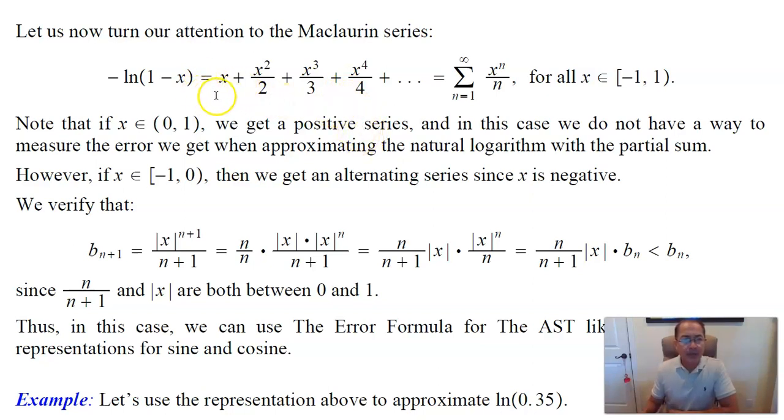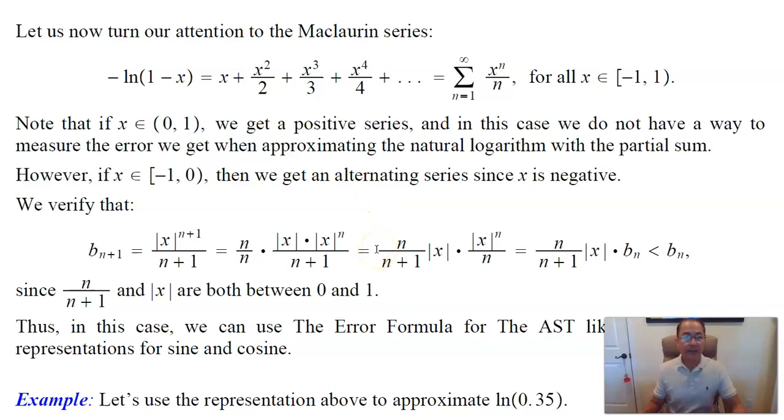Unlike sine and cosine, this is not an alternating series if x is positive. But if x is negative, in other words between -1 and 0, then you do get minus, plus, and so on when you take these powers.